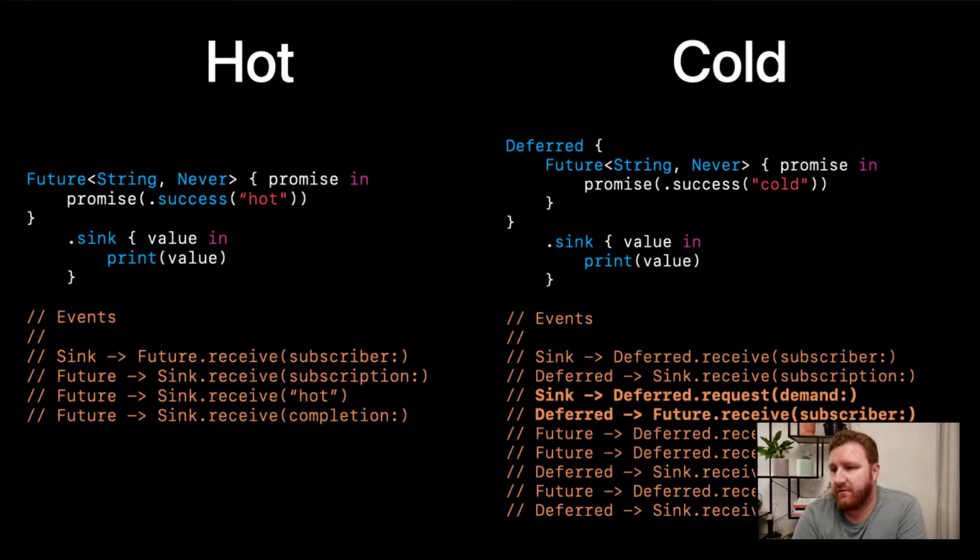Now, deferred, according to the docs, actually waits until it's got a subscriber and it's got a demand from that subscriber before it invokes the closure that's passed in. So the future doesn't get created, and therefore it doesn't execute until there is demand coming in. And if you're attaching a sync, the first thing sync does is request unlimited demand. And you can see in the little drops in the events there, the difference is that it does do that wait.